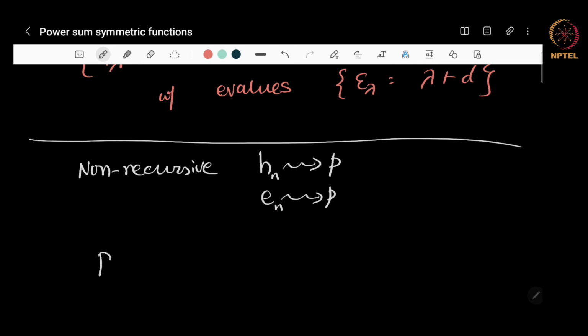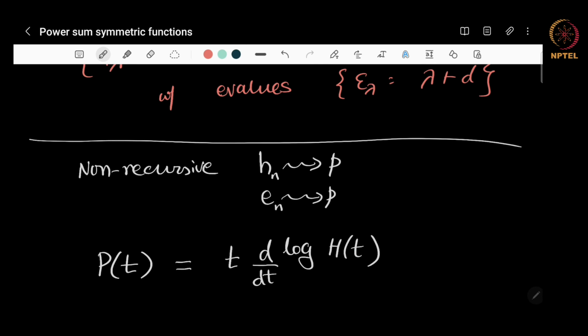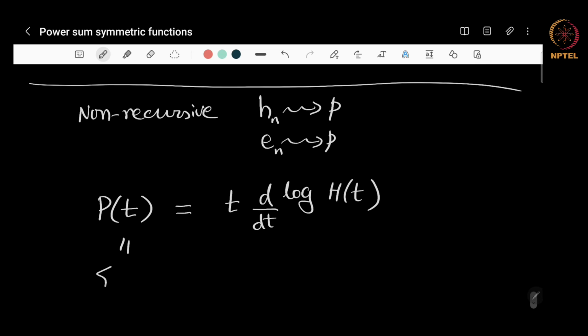So recall again, it's a generating function calculation. How do we get p t? It is just t d/dt of log h t. Now, what does this mean? This was by definition summation p n t power n, n going from 1 to infinity.